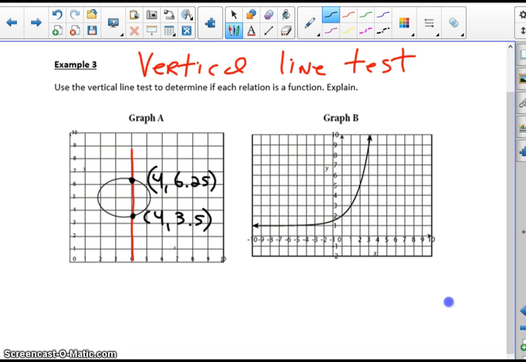So clearly we can see that my domain value 4 maps to 2 different range values, 3.5 and 6.25. This is not a function because my vertical line hits that graph in more than one spot. It hits it in 2 locations there. So this is not a function.